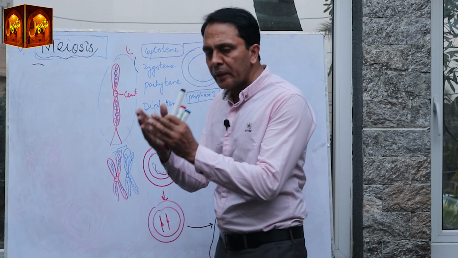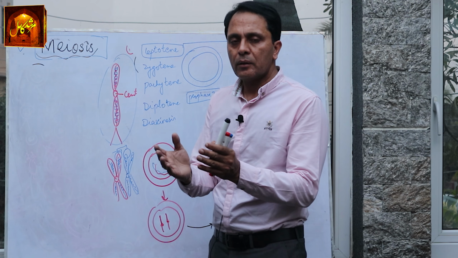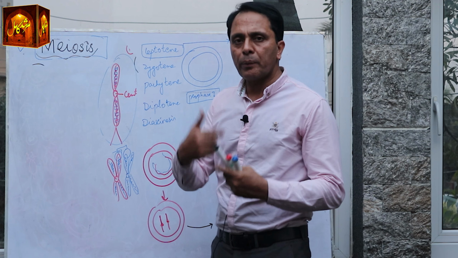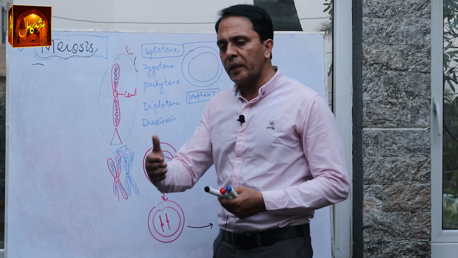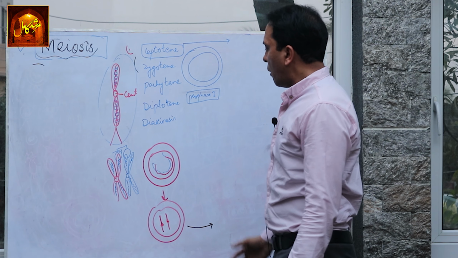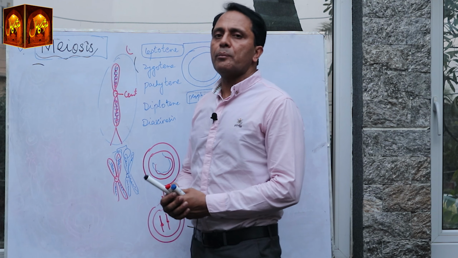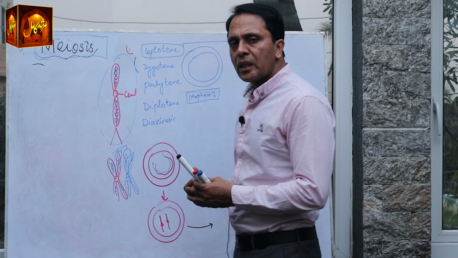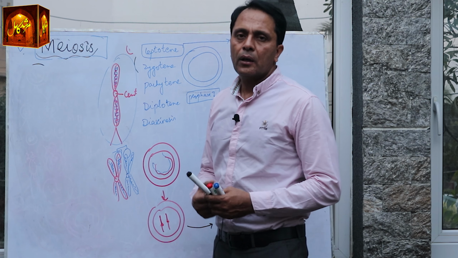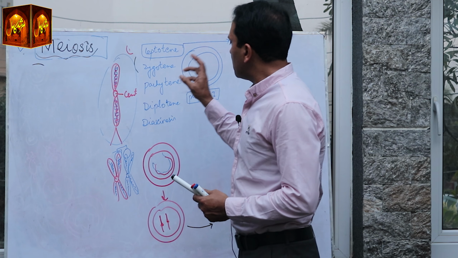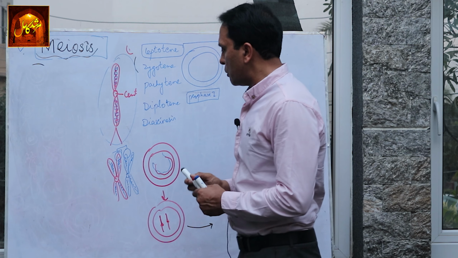So paternal and maternal pair 1 will get close together, and the first pair will be formed. Similarly second, third, fourth, fifth, all 23 pairs will be formed. These chromosomes are the same in their structure, shape, size, and amount of genetic material. That's why they are called homologous chromosomes.